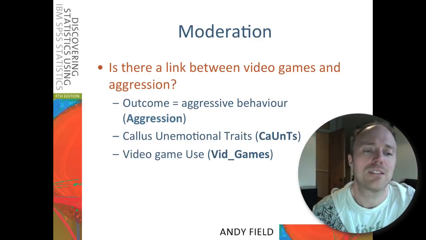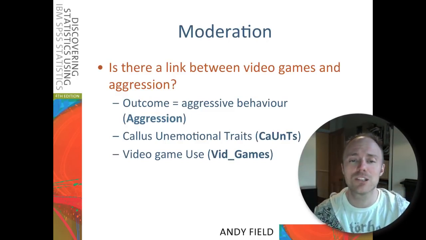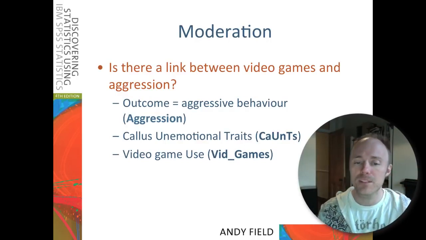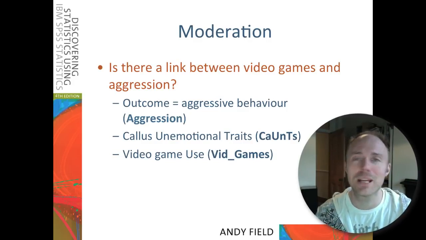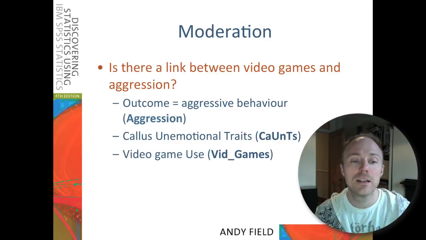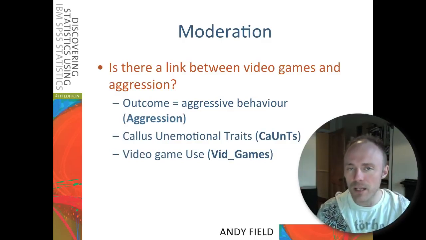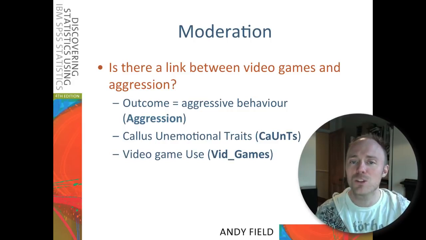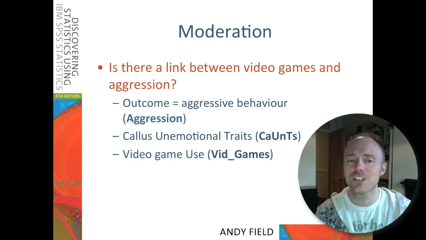So you might have a situation where you have a well-established relationship between, say, video game use, which you've maybe measured on a continuum, so how many hours a week that someone plays, and an outcome of, say, aggressive behaviour.